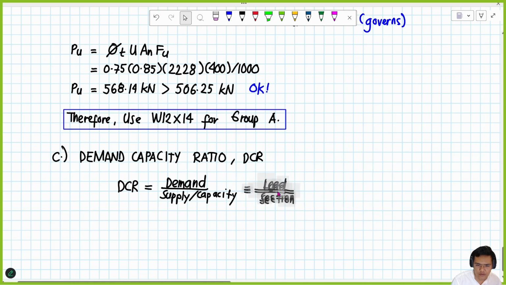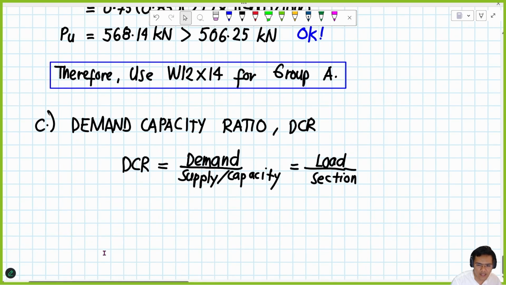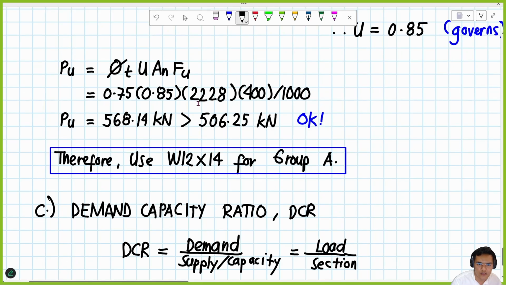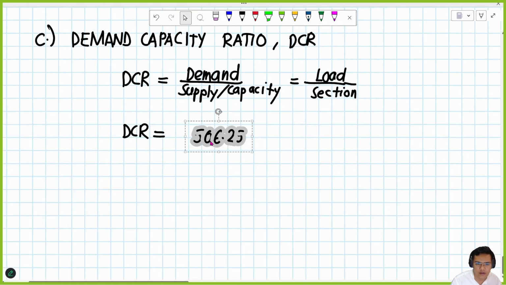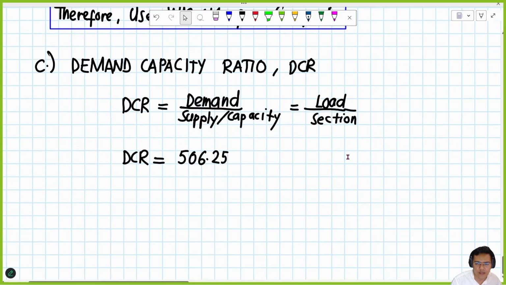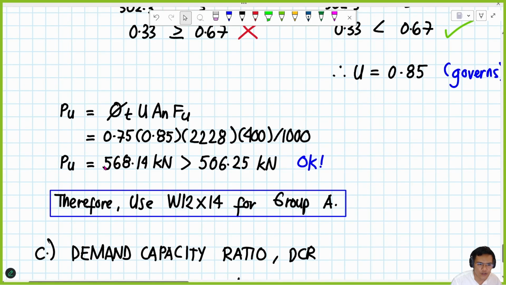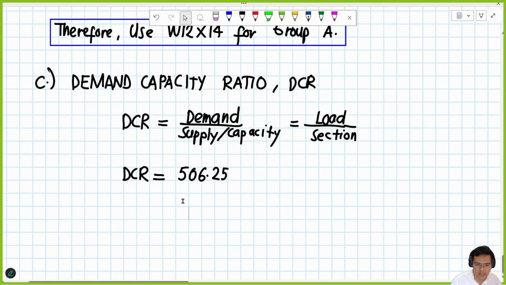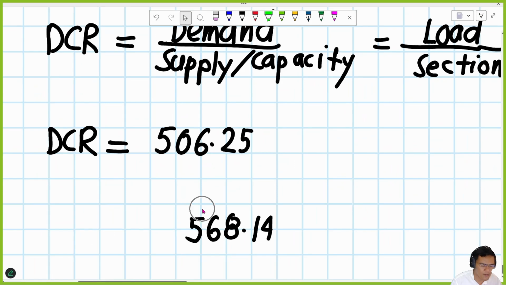So, meaning, in terms of the load, we could say na our DCR value is equal to, yung numerator muna tayo, yung due to load or yung demand, that is 506.25, internal force ng ating member, divided by yung ating capacity ng section against rupture. Okay, so we would have a certain ratio.